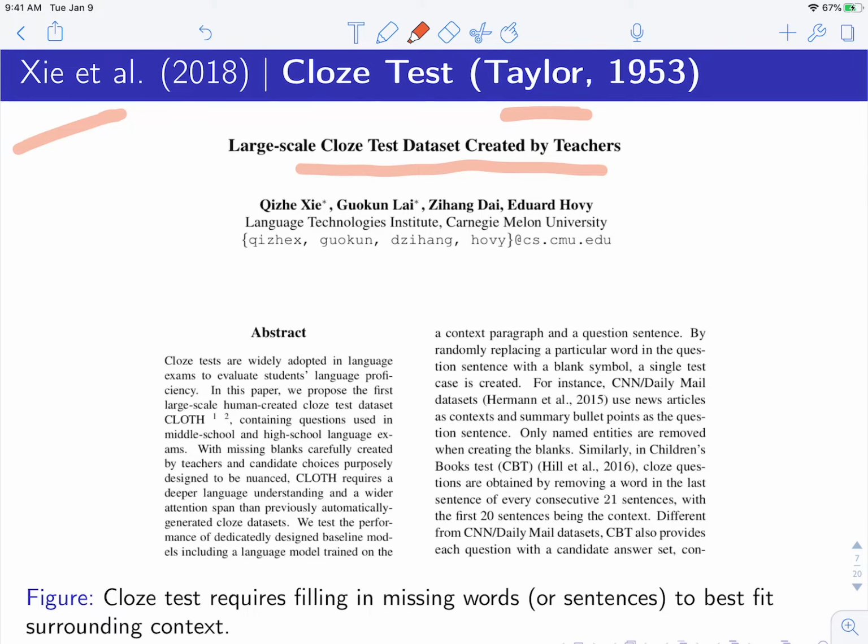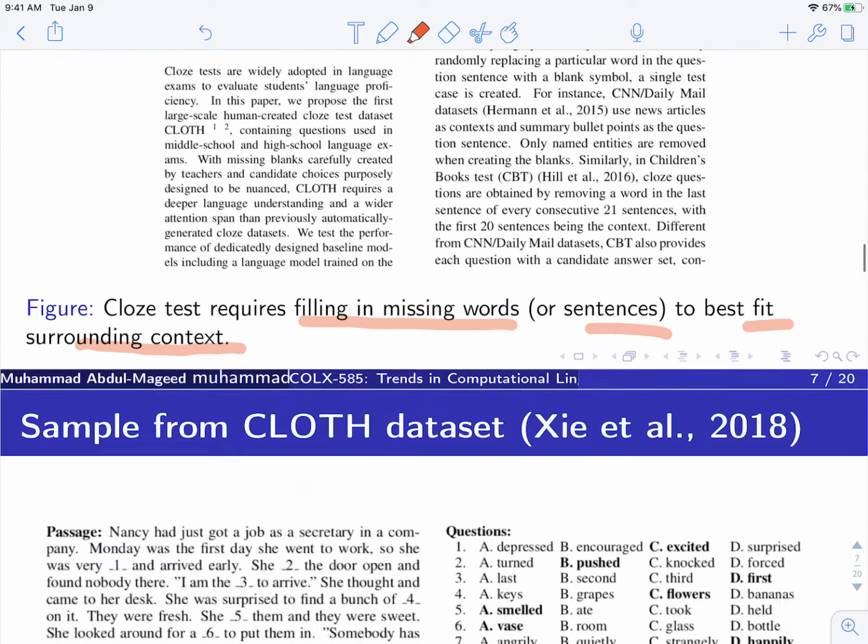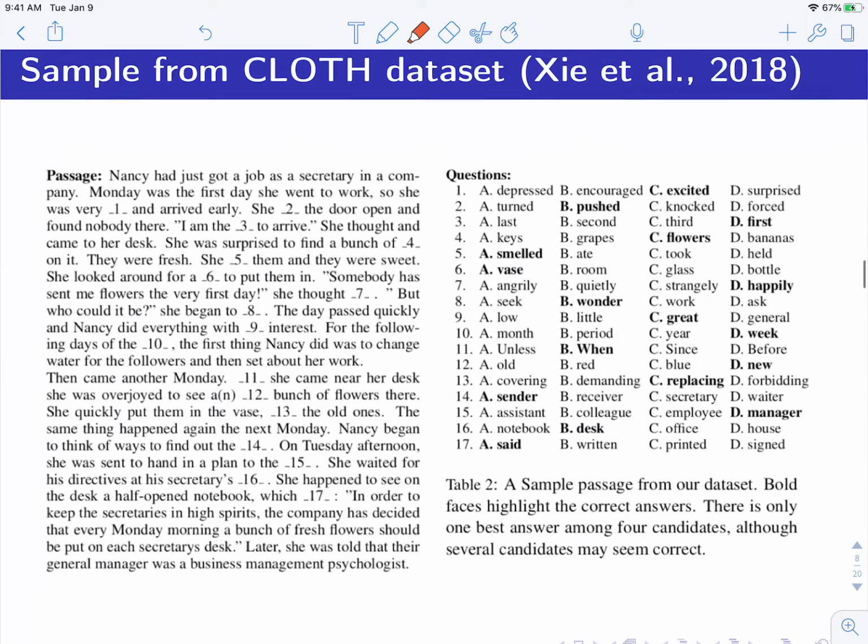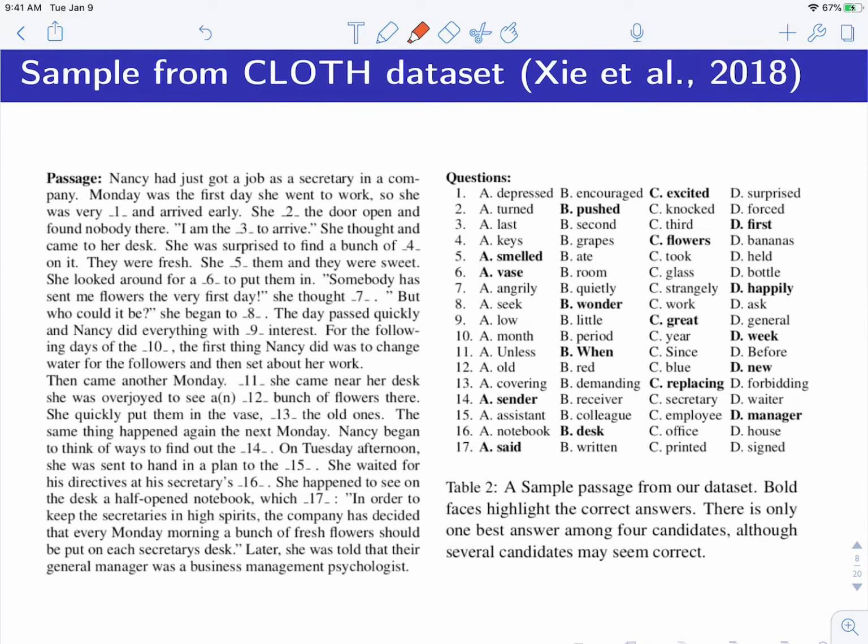And the cloze task is basically a task that requires filling in missing words or sentences to best fit the surrounding context. What does this mean? Well, let's look here. This is a sample from this paper. It's a cloze task dataset from teachers, so they call it CLOTH.